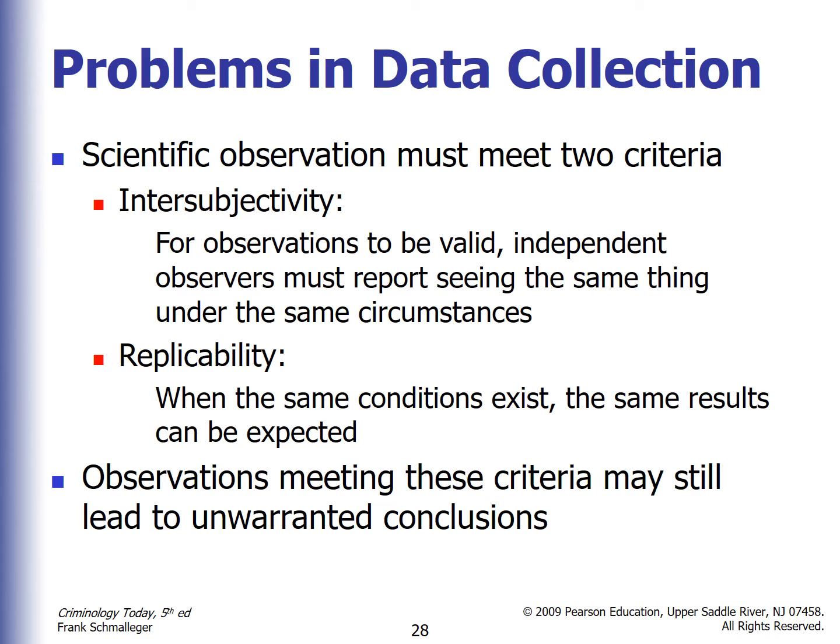Intersubjectivity says they should have the same result. Replicability is when the same conditions exist, the same results can be expected. Observations meeting these criteria may still lead to unwarranted conclusions because, again, things could turn a different direction based upon some other effect.